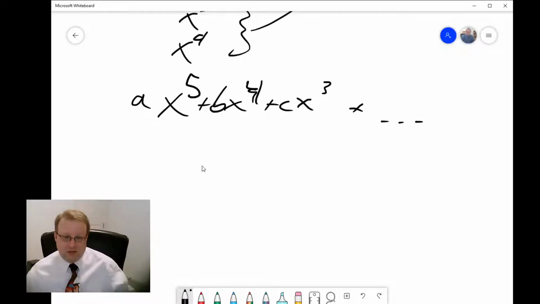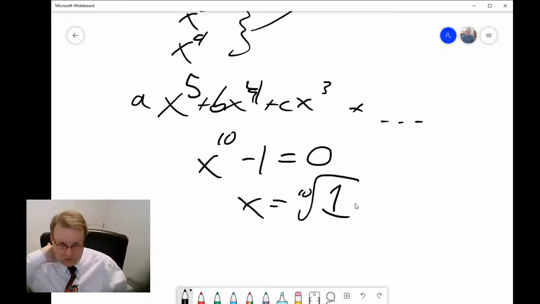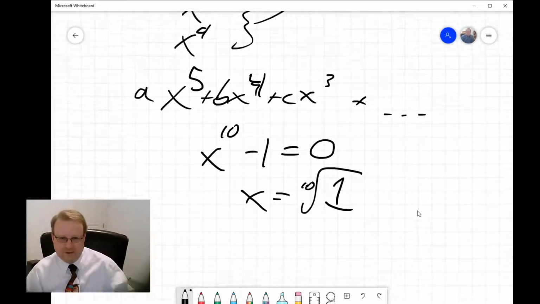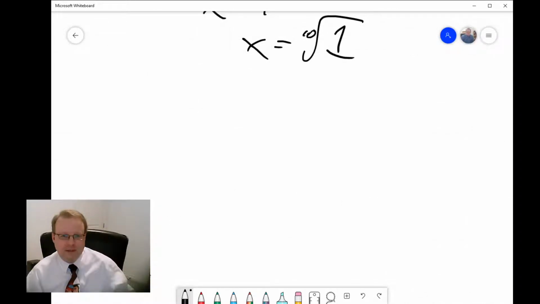For example, if I give you x to the 10 minus 1 equals 0, well then x is going to be the 10th root of 1. Or at least one of the 10 roots of 1. Yeah, there are 10 roots of 1. Have fun with that when you're doing your imaginary numbers courses and your complex numbers.